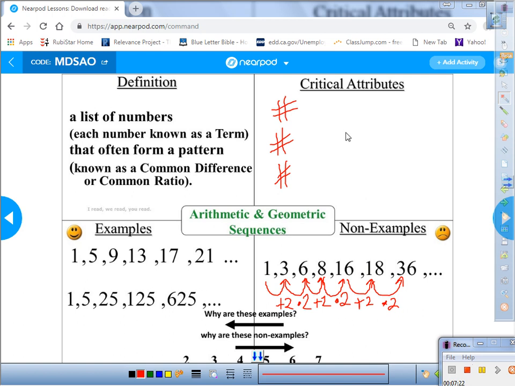Julian, give me one. Pattern. Okay. What would be another hashtag? Arithmetic.